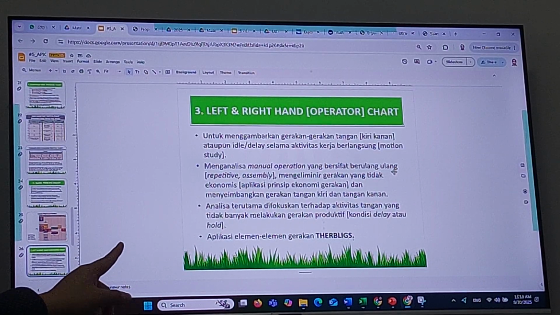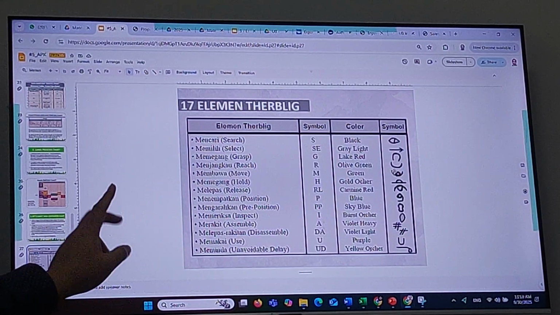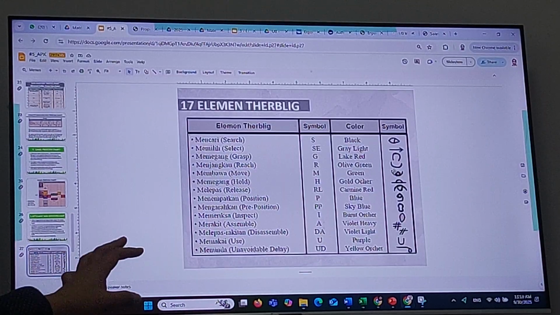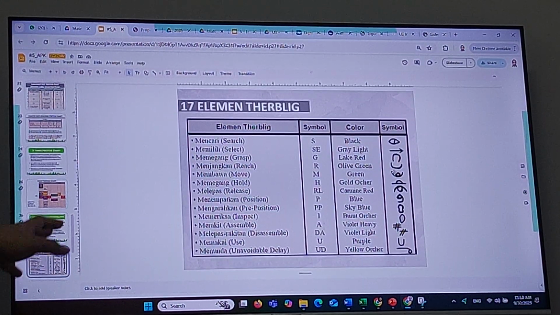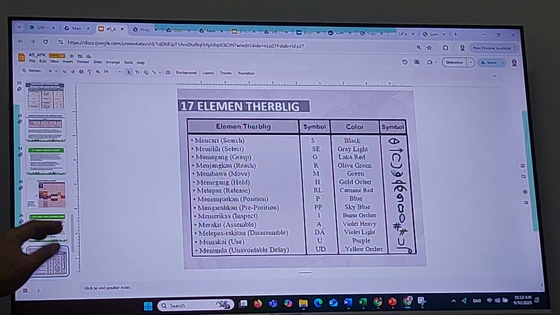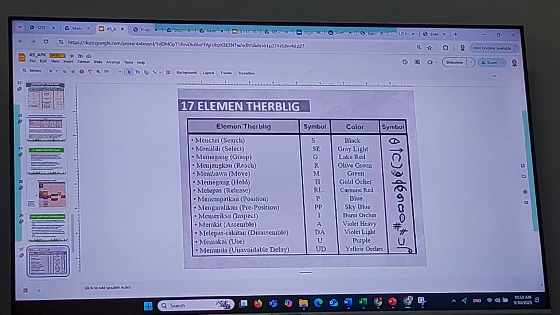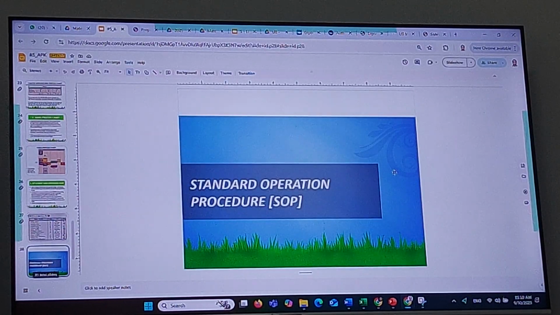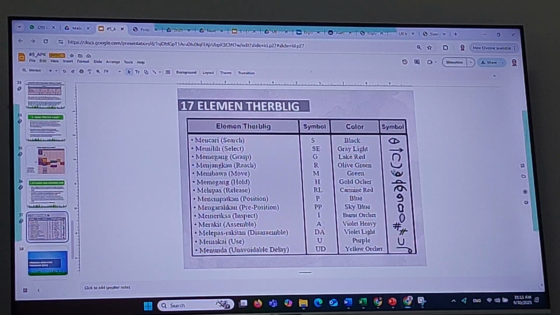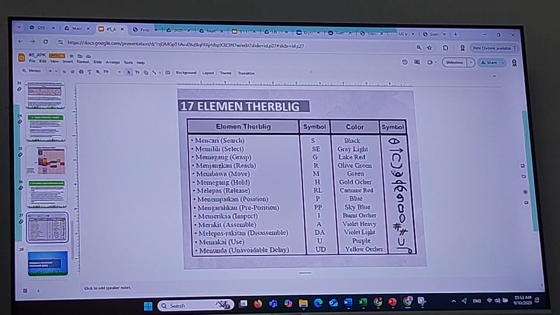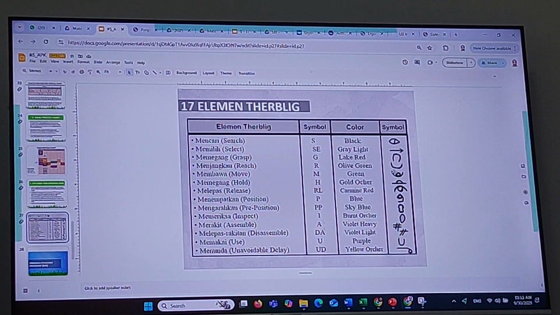And this is the 17 elements of activities, starting from search, select, grab, reach, move, hold, release. These are the basic elements for how to make the left and right hand chart.